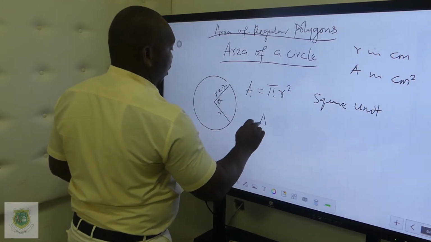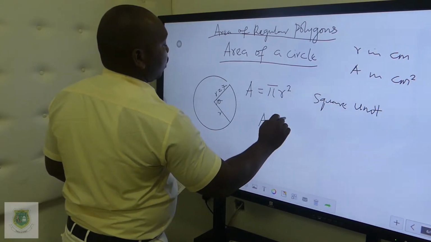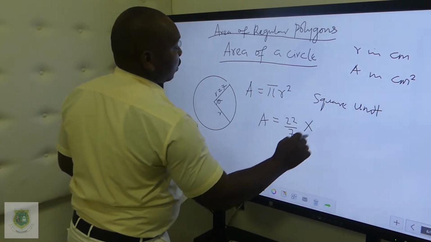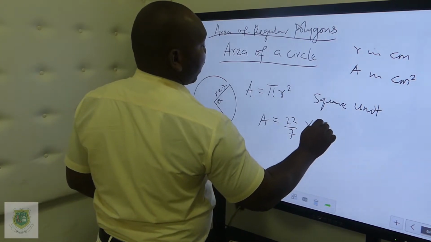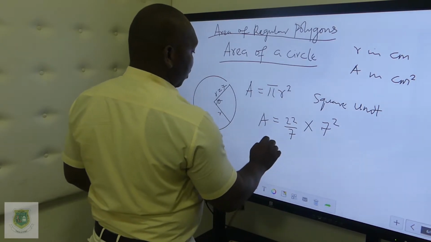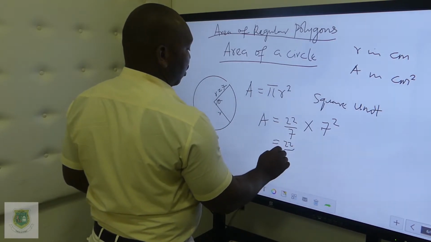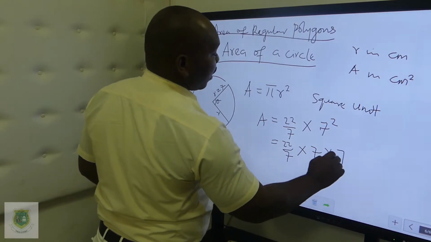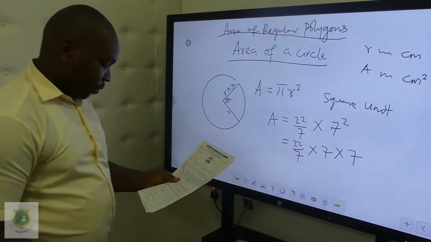Area equals 22/7 times 7 squared, which is 22/7 times 7 times 7. 7 squared is 7 times 7.